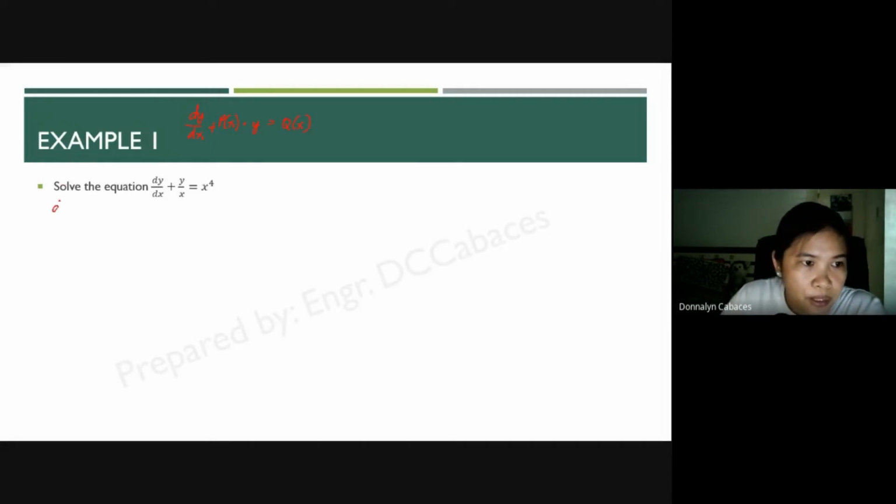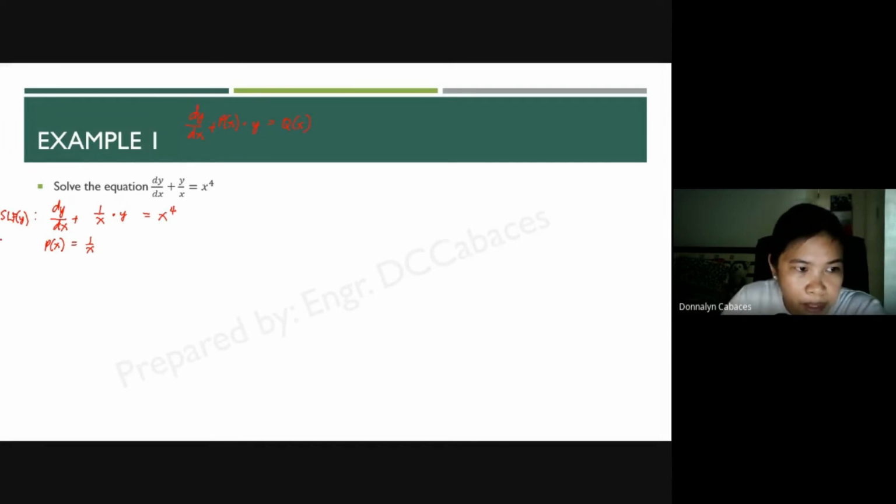So you have here the derivative of y with respect to x plus 1 over x times y is equal to x to the fourth. So what is our p of x? Our p of x is 1 over x. So this is our standard linear form, linear in the variable y.